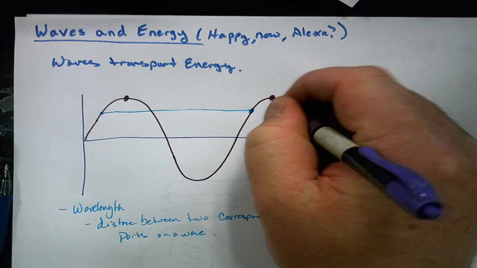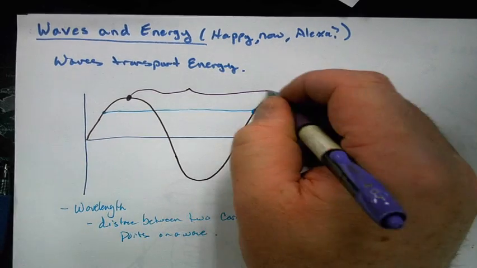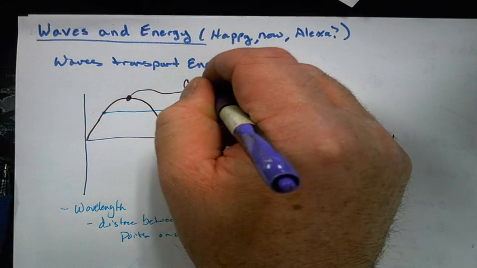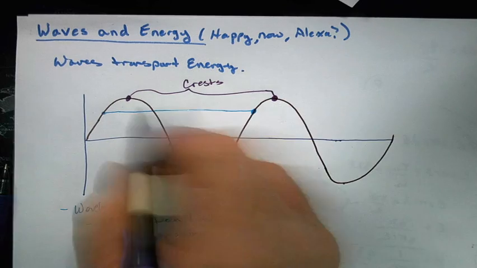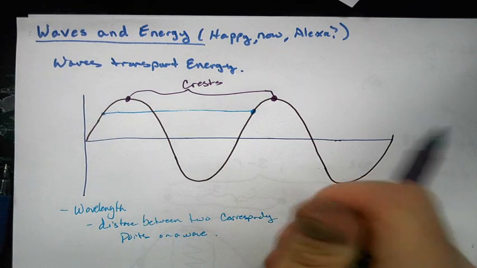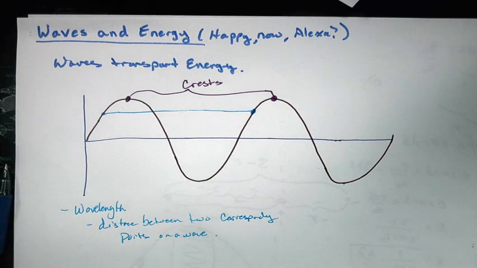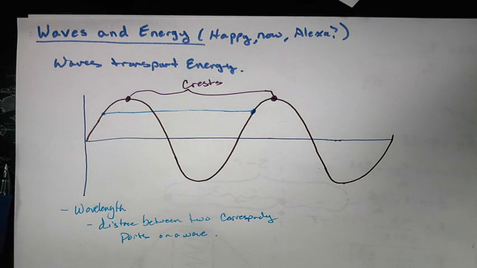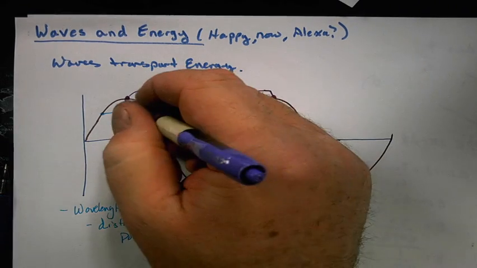The next one we have is this top point up here, and these are called crests. It is the maximum positive amplitude of a wave, which brings me to the next one.